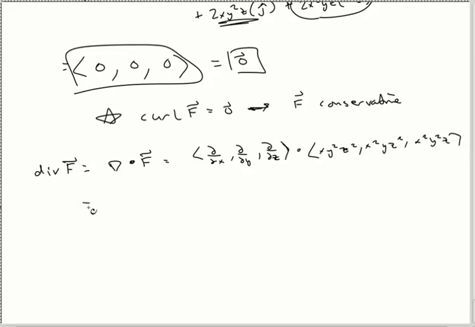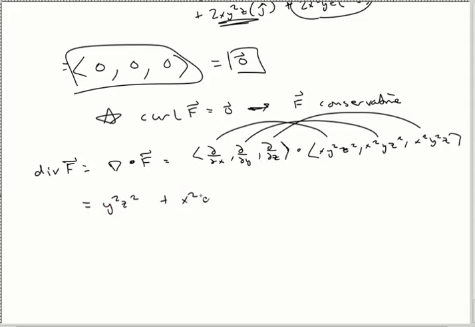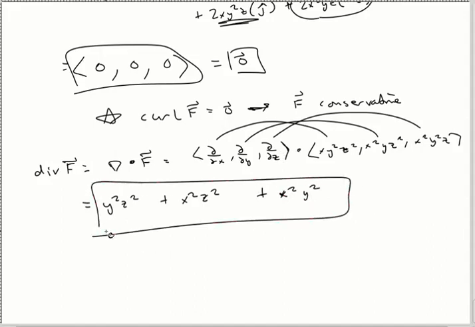Obviously I'm just linking these together, and it's going to be a scalar in the end. Remember that also. Derivative in terms of x, I get y squared z squared, plus in terms of y, the y goes away, x squared z squared, plus, and then finally z over here, I get x squared y squared. Well, there you go. There's your divergence of f. Keep cruising.